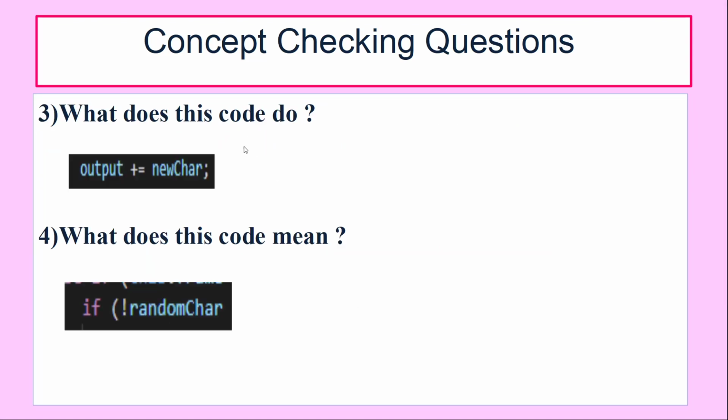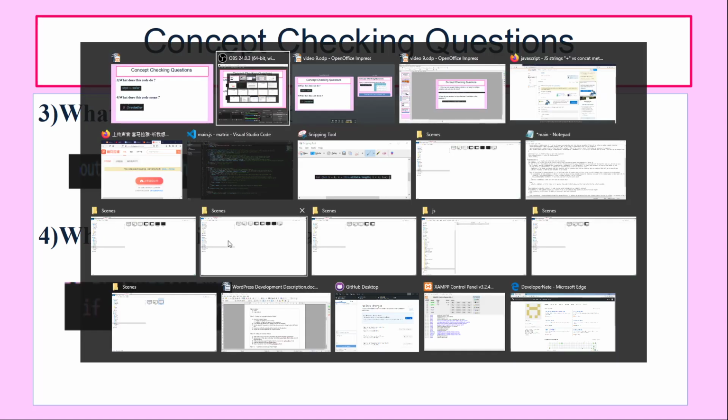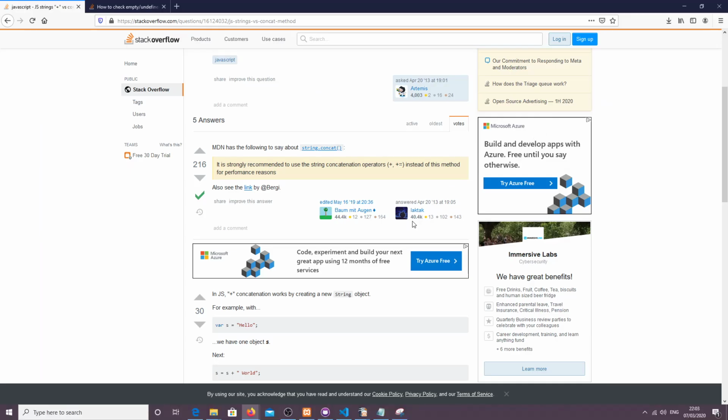What does this code do? What we're going to do here is go online. There's quite a lot on the screen there, and I think it's obvious that it adds or concatenates 2 strings together. It's saying add this string to this string and then insert the combination of those strings together.